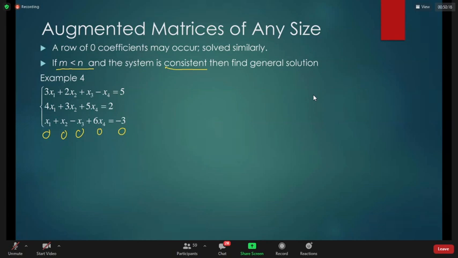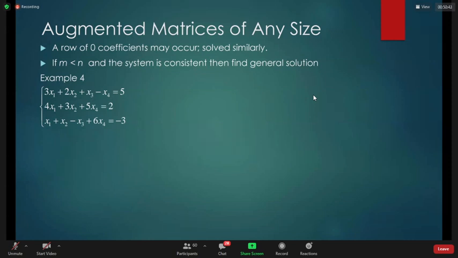In many cases, if there are too many equations and not enough variables, for example, 5 equations but only 3 unknowns, there's a very good chance that this system will be contradictory. But if the system is consistent, then we could find the general solution. Now I am clearing this. Let's try to do this now.